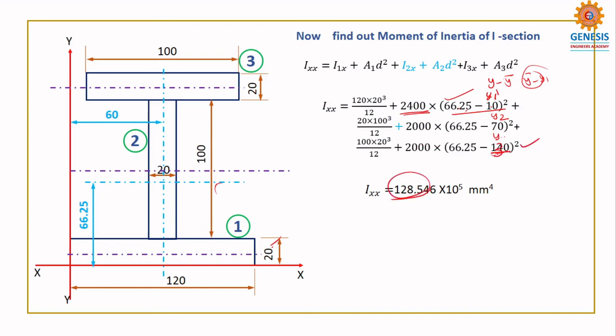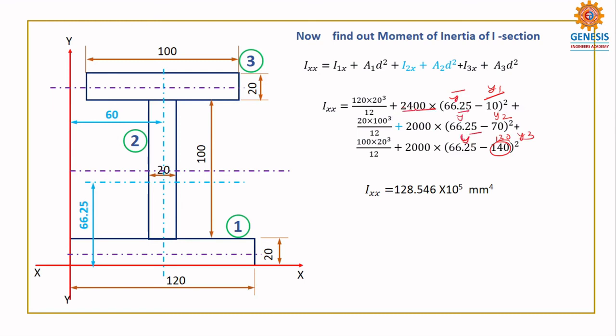This value may also vary. Okay, it's not 140, it is 130. You already know these, so simply substitute these values. So this is 130, this is y3, this is y bar.